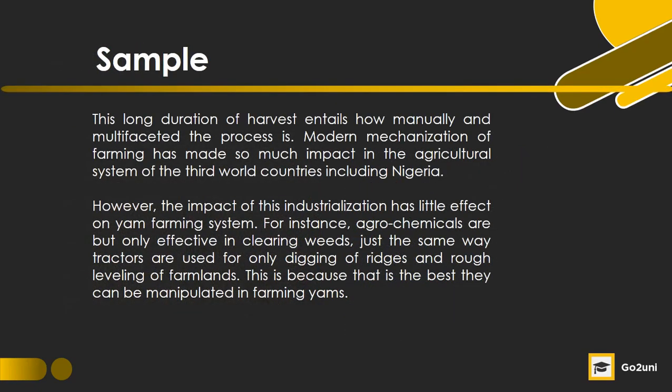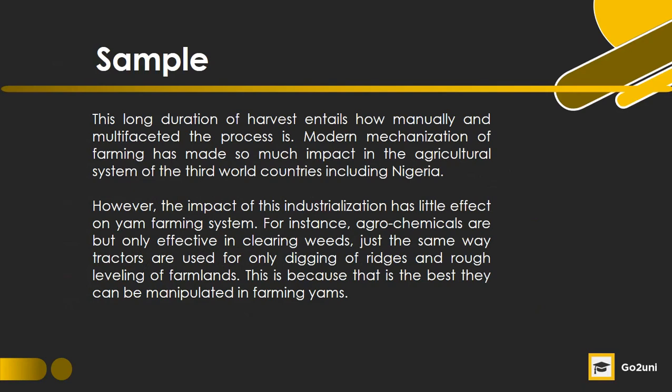This long duration of harvest entails how manual and multifaceted the process is. Modern mechanization of farming has made so much impact in the agricultural system of third world countries, including Nigeria. However, the impact of industrialization has little effect on the yam farming system. For instance, agrochemicals are only effective in clearing weeds, just the same way tractors are used only for digging of ridges and rough leveling of farmlands.